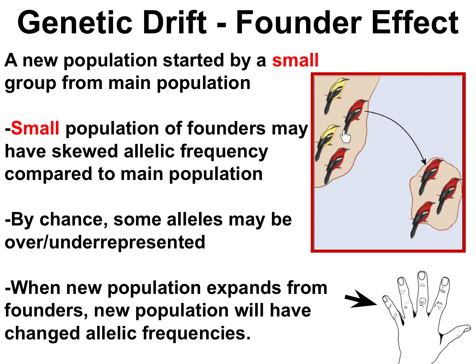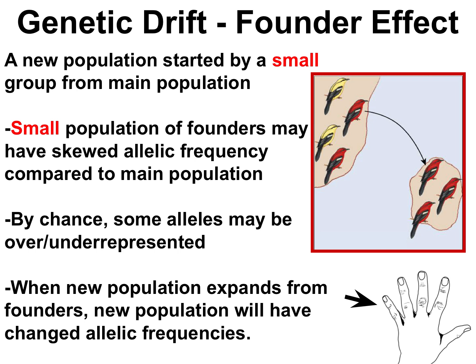The mainland population had half yellow birds and half red birds. The birds that left and started a new population were, by chance, red birds. So when the island population expands, the new population can only have the red variation. Now, not because red is more fit, but just by chance.